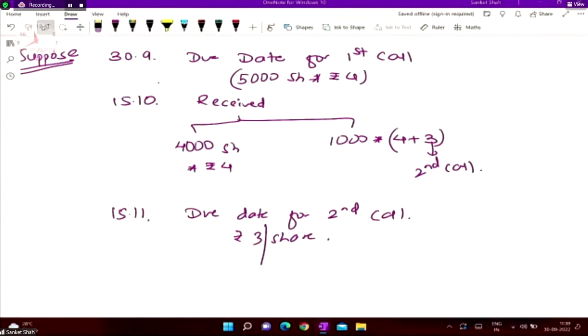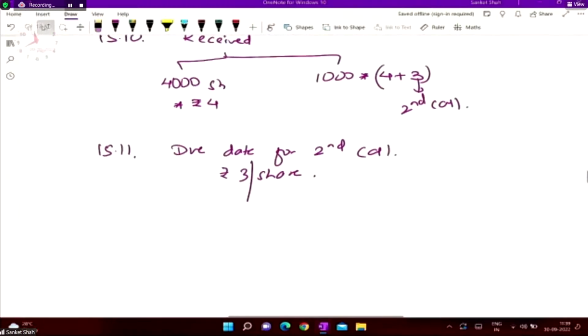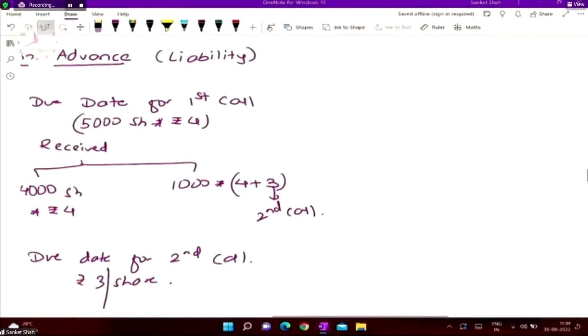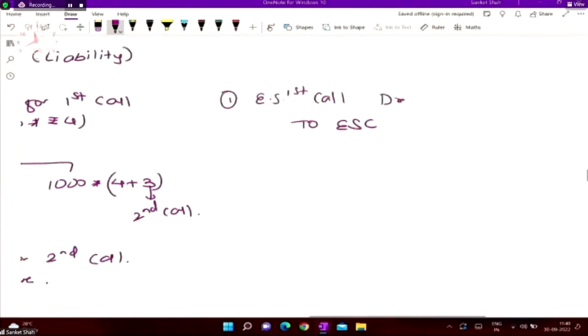So what are the entries? Now I will tell you the entries. 30th September, equity share first call account debit, to equity share capital, 20,000. Let's see how many of you answered correctly.